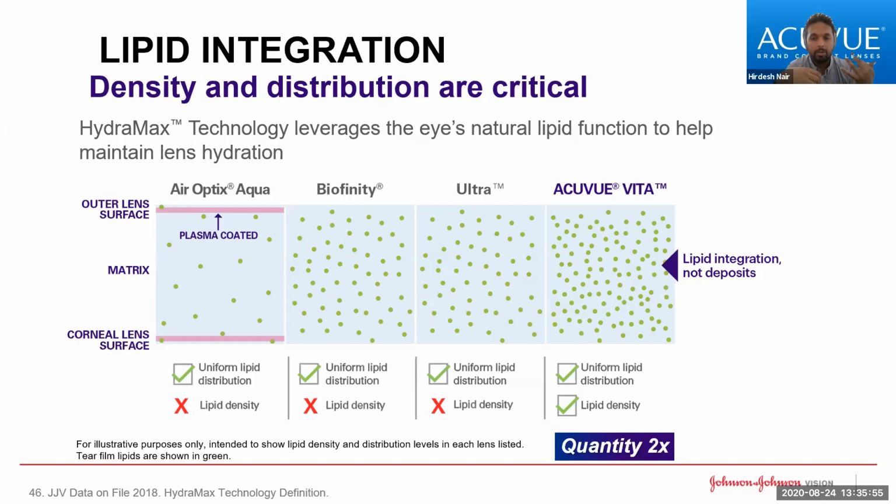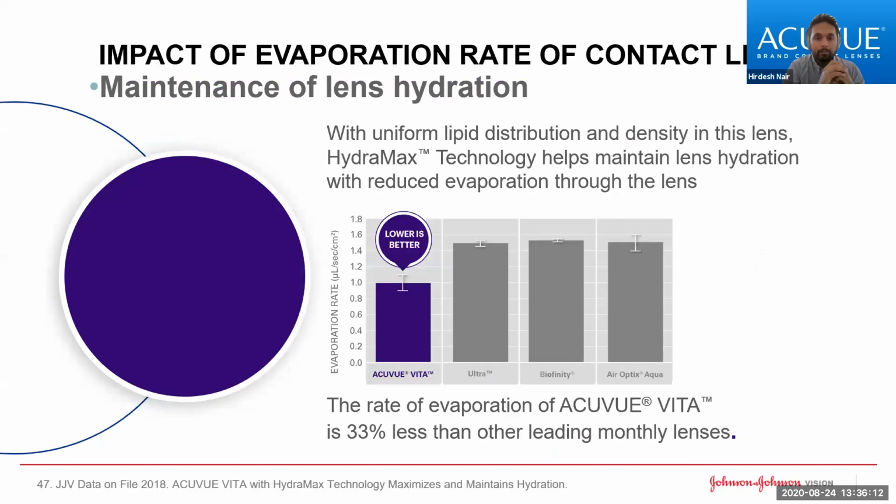It's not interacting with other elements. And because of that, you've got more lipids that are actually doing their job in their natural state. Again, the distinction being it's integrated, they're not depositing. And that in itself is one of the mechanisms of why the actual comfort of the lens is so good.